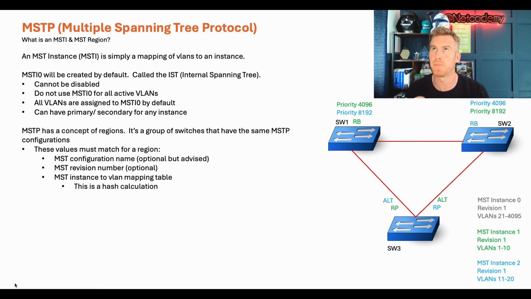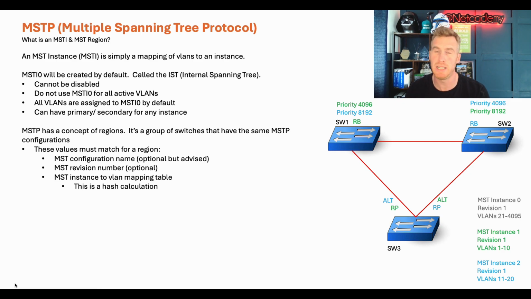The other optional configuration that has to match for all switches to be in the same region is the revision number. Now, honestly, this revision number does not serve any purpose. It has no significant use whatsoever, and it doesn't even automatically update itself. The default is 0. It doesn't even automatically update itself when you push a new configuration change.